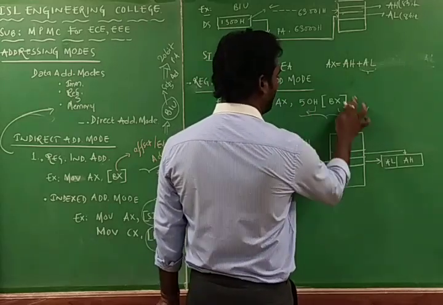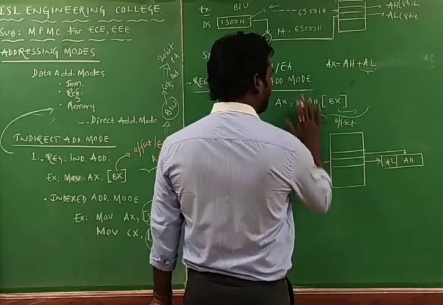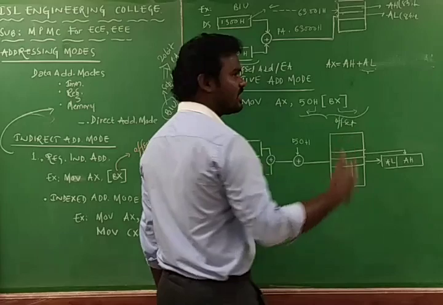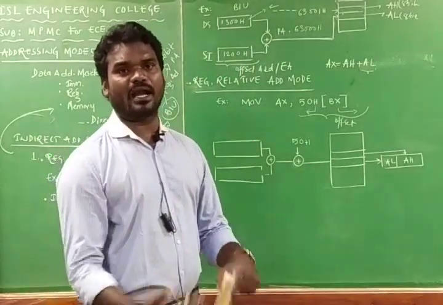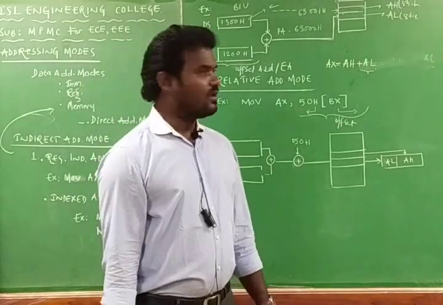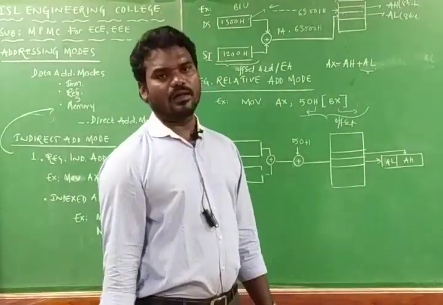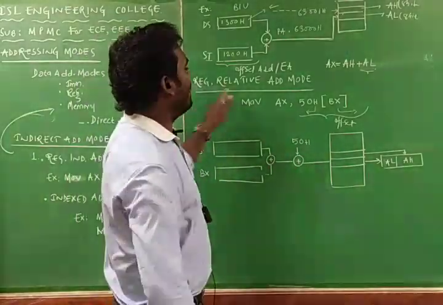Once we know the offset address, we will give it to the bus interfacing unit, where we have the segment address, and both will be added together to generate the physical address, such that it will be moved into the given destination operand. Then I am going with the register relative addressing mode.